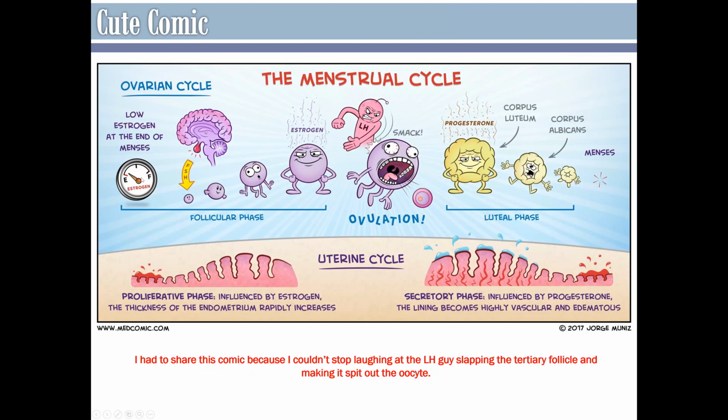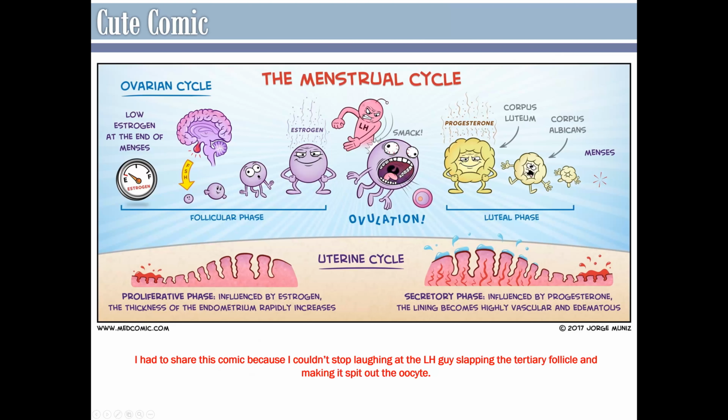But it's talking about how you've got low estrogen that is happening during the menses phase. And then during the ovarian cycle, the follicular phase, you've got the development of the follicles, which are releasing estrogen. And that's when you're going to have the proliferative phase in the uterus. And then your little luteinizing hormone is going to come around and smack your tertiary follicle and make it spit out the oocyte, which is ovulation.